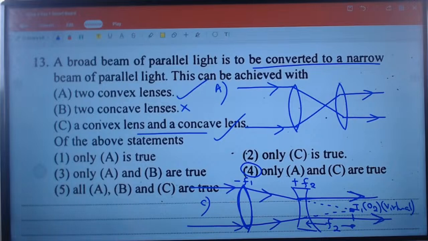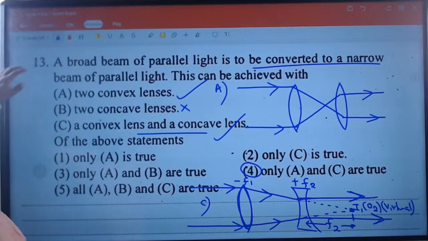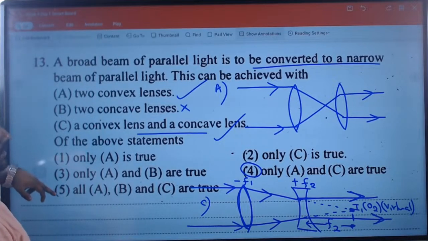This would give us a narrow parallel beam. Moving on.